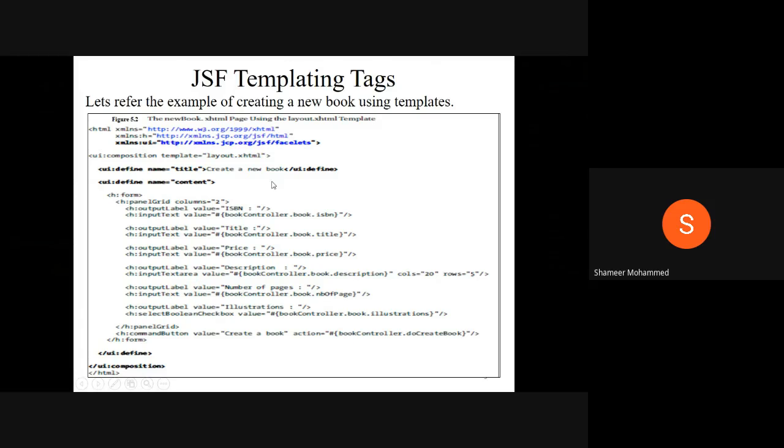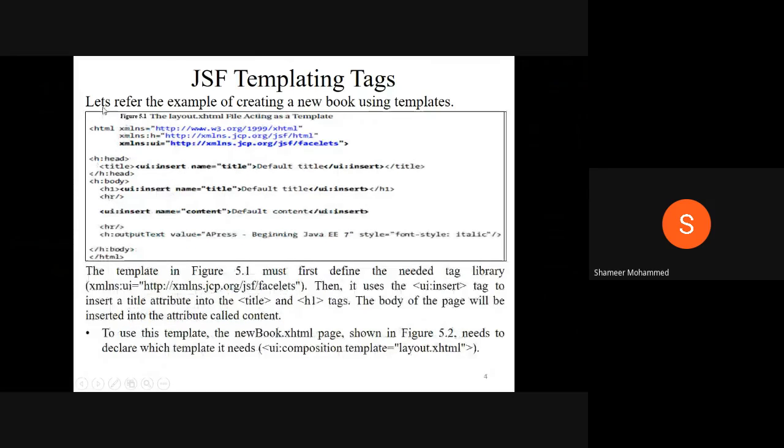So you have got here the title, you have got the content. Now see the content. Why are we telling name is equal to content, name is equal to title? Go back. This is the page. Here in the body, I am not writing anything. I just give here insert content.